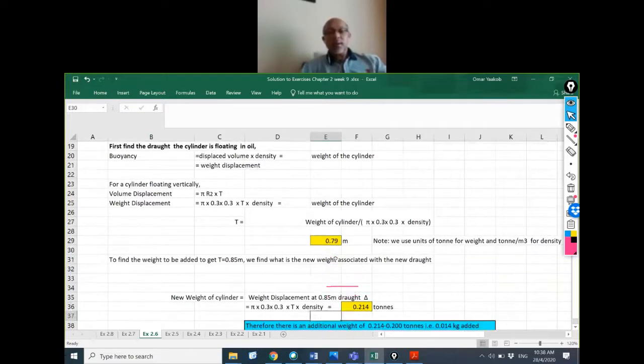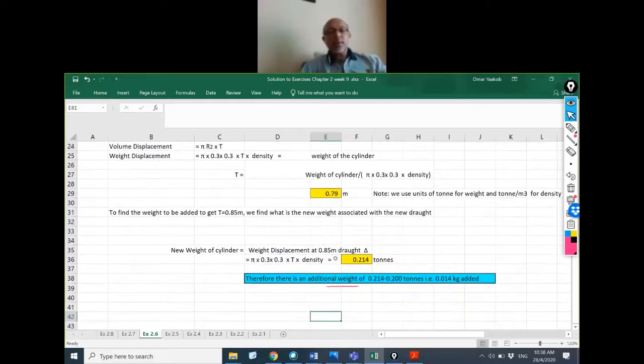Okay, so this is the draft that you calculate. And then to find the weight to be added, add draft. So now it's floating at 0.79. Now, if you want to bring the ship or the cylinder to a draft of 0.85, so there are two drafts.